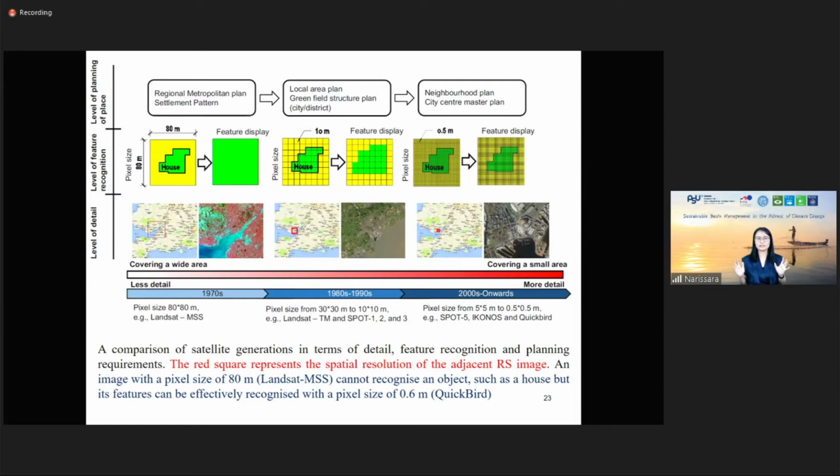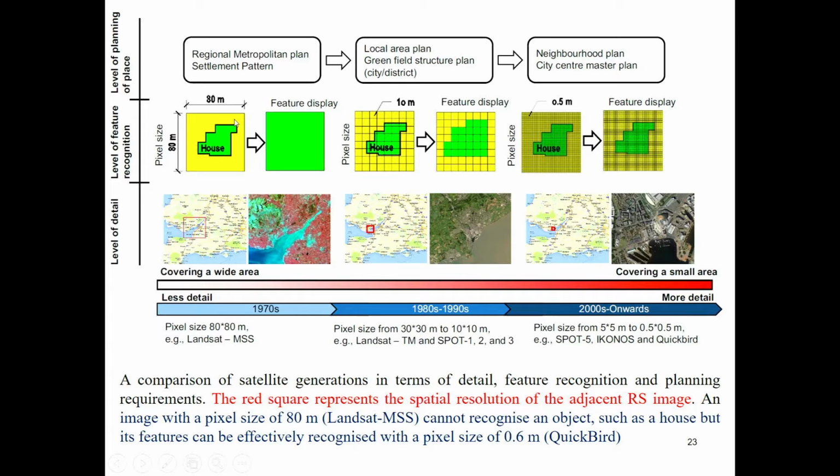But for 80 meters, the trick is you have to know the area. If you know the area, of course you can guess, right? If you don't know the area, you see from this one, 80 by 80, if I go to your country, let's say, and I see only the feature display, I don't know what that is. Maybe I guess, whatever, okay? And then I cannot specify what that is.